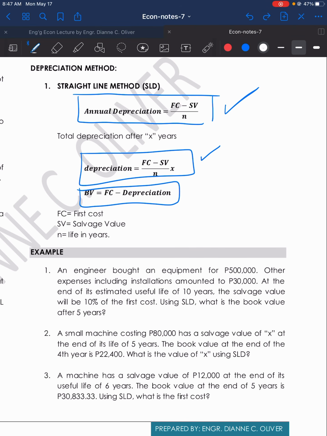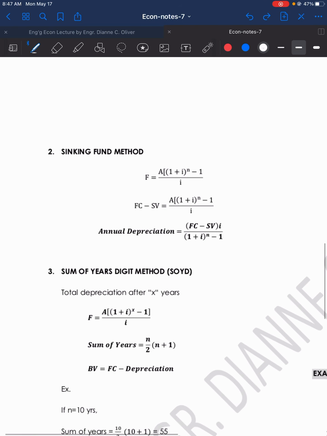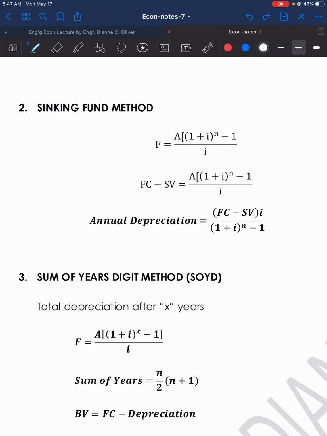Let's proceed to the next method. Number 2, the sinking fund method. We keep on encountering this in the previous lectures. For the sinking fund method, basically you're looking for the annual worth.